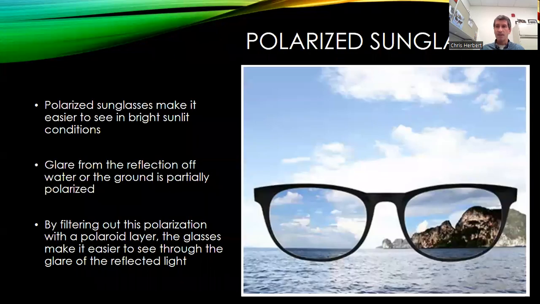And again, just makes it easier to see. Polarized sunglasses are more expensive than regular sunglasses, but they reduce a lot of the glare. And they also reduce some of the polarization from the molecules in the sky. Again, they tend to allow the vertical polarization through where the horizontal polarization tends to be that reflected or scattered.